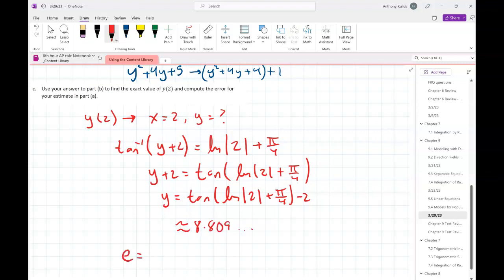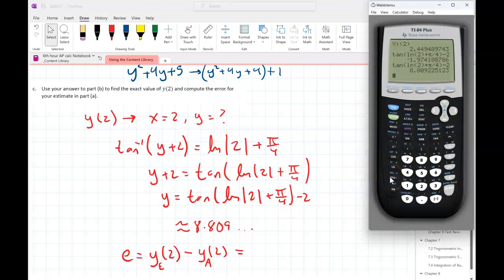So my error is just going to be y2, I'll put E for exact, minus y2a for approximate. Oh, that's why.